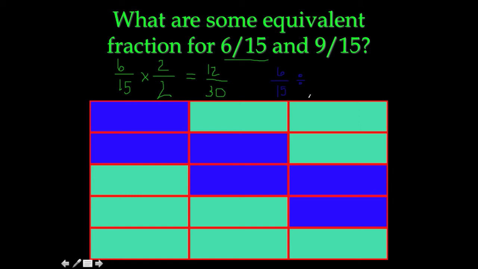Remember, this is where our multiplication facts will be very helpful. So I know that 6 can be divided by 3 and 15 can also be divided by 3. So I'm going to divide them both by 3. Remember, what I do to the top, I must do to the bottom.